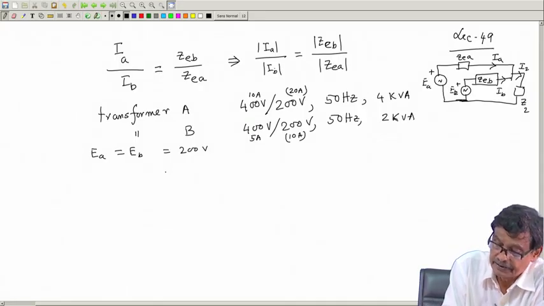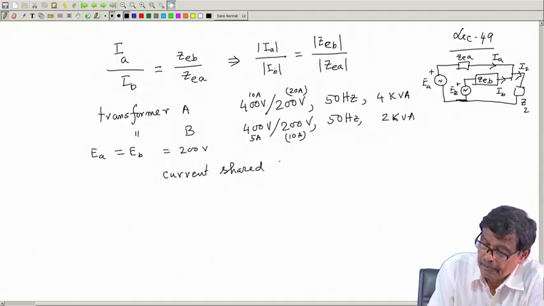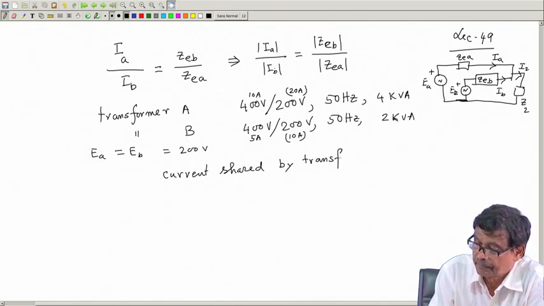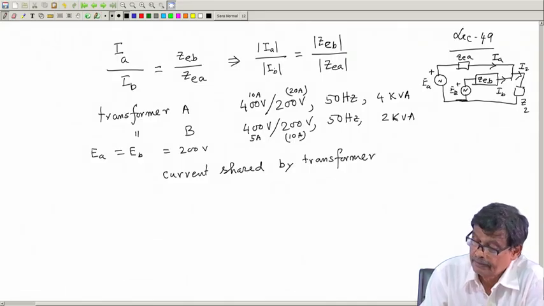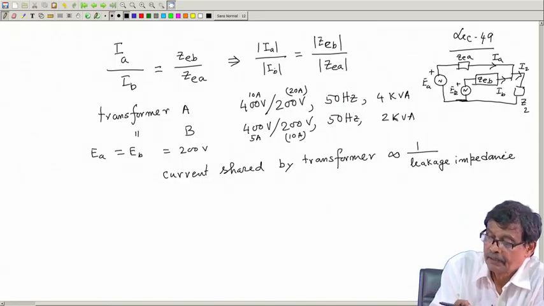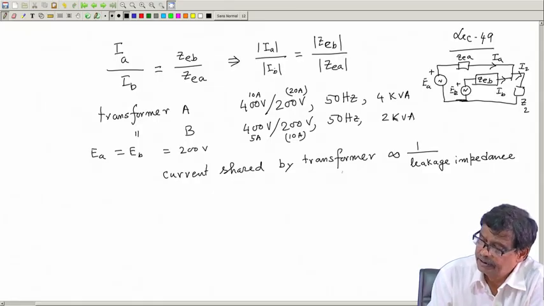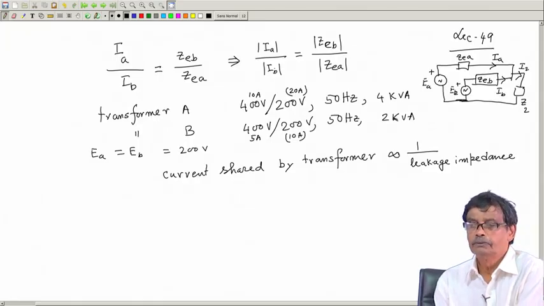That is, current shared by a transformer is inversely proportional to its leakage impedance. IA is proportional to 1 by ZeA, is it not? So, it is inversely proportional to leakage impedance.